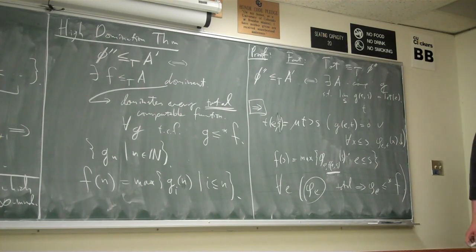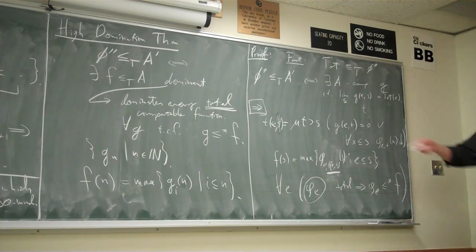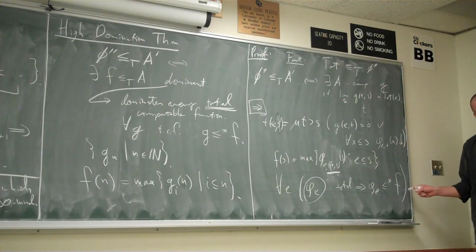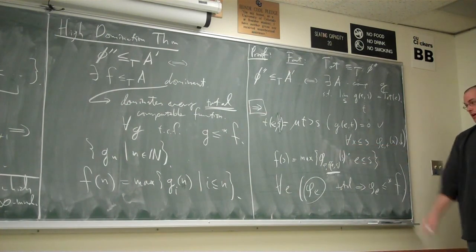Exactly. Yeah. That's why I fix it up like this. You can fix it up another way, but I think this one's better. The value you're trying to be bigger of is one of the ones you take a maximum of.